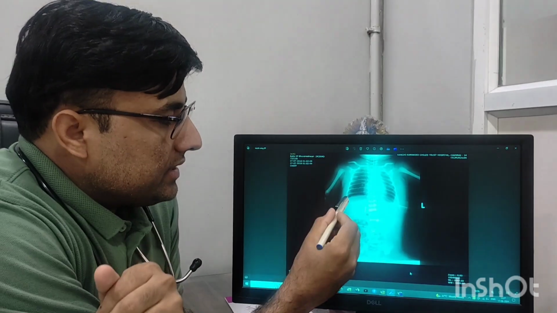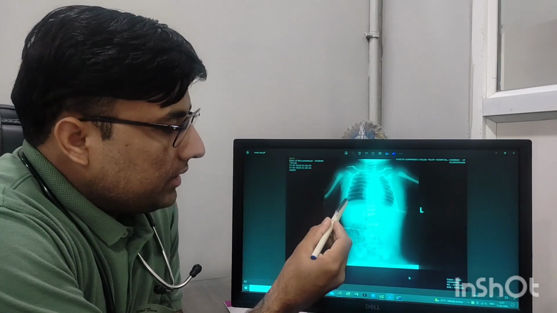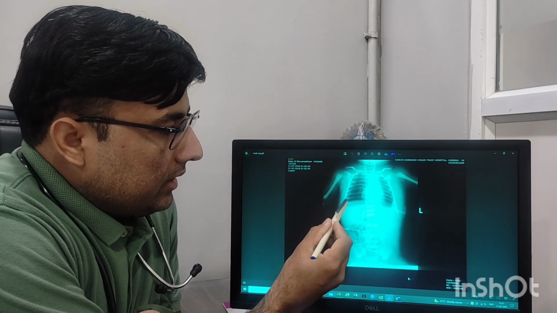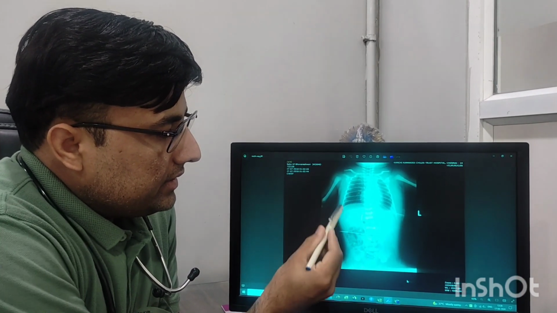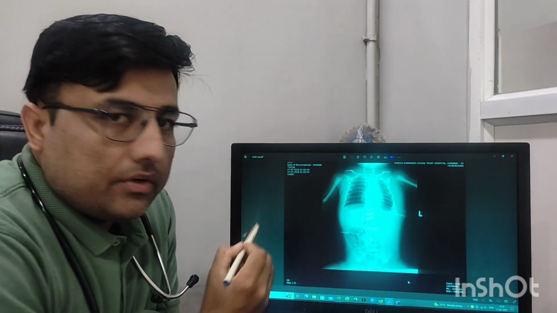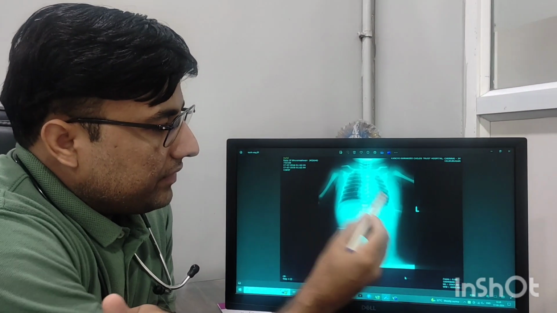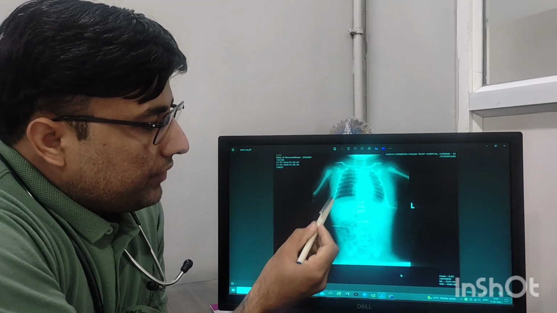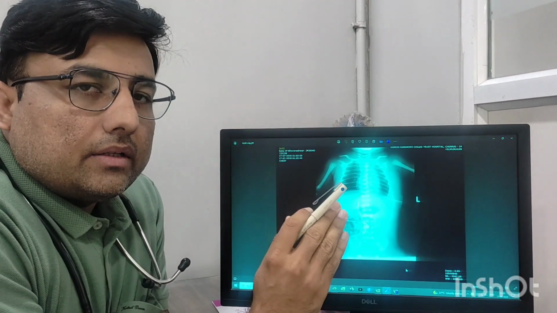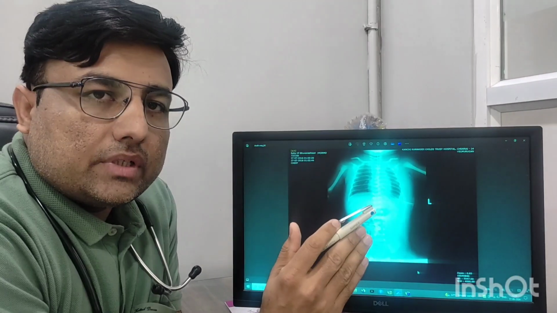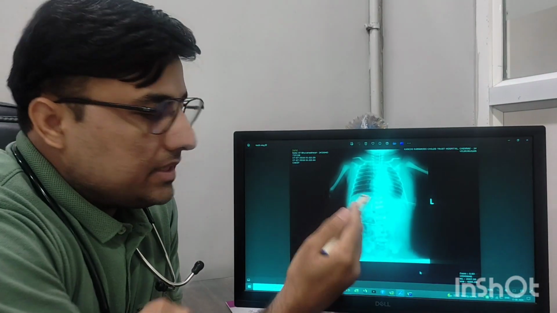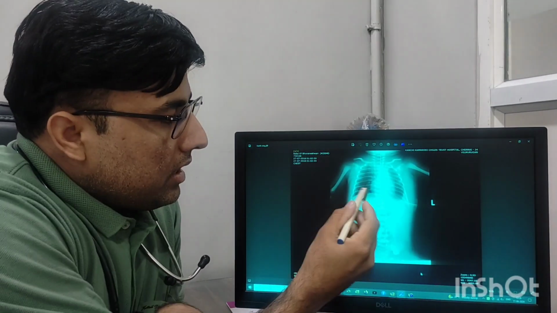Next we'll go more inside. We'll comment on the costophrenic angle, the cardiophrenic angle. This is the costophrenic angle, this is the cardiophrenic angle, and the diaphragm. If the costophrenic angle is obliterated, that is suggestive of pleural effusion, but mostly it happens in the erect posture.